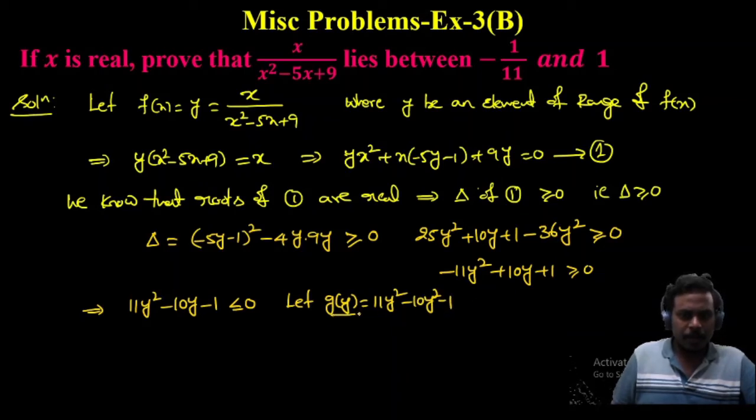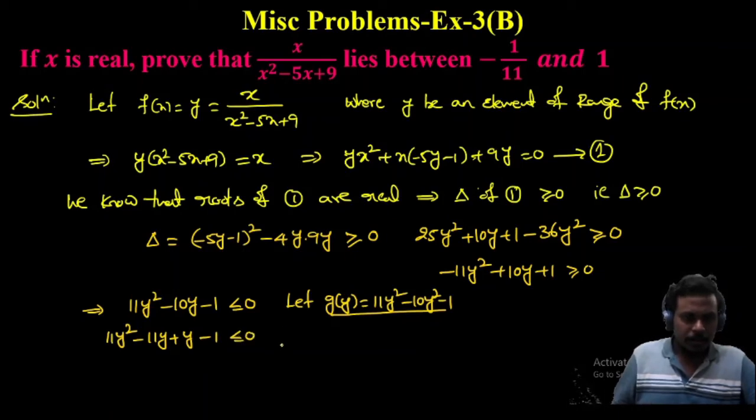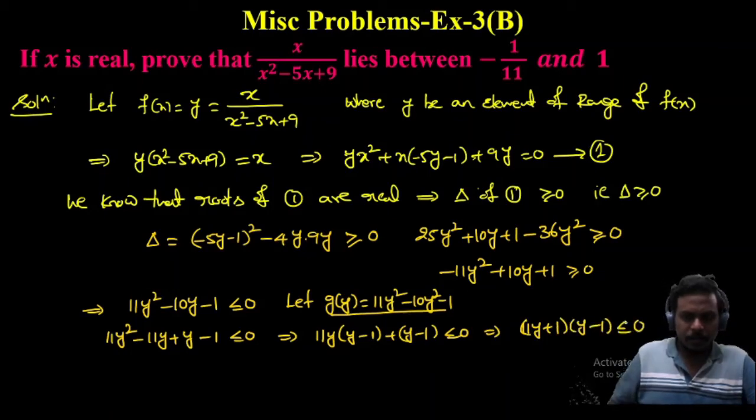The roots, if you consider, let me write 11y square minus 11y plus y minus 1 is less than or equal to 0, implies 11y, if I take common, this becomes y minus 1 plus y minus 1 is less than or equal to 0, implies 11y plus 1 into y minus 1 is less than or equal to 0.